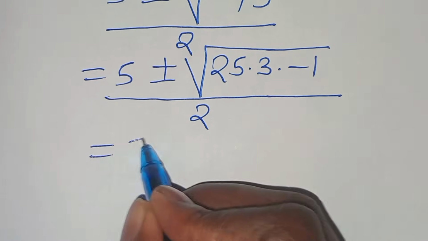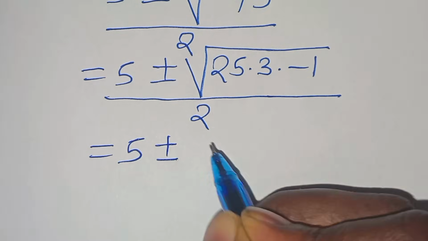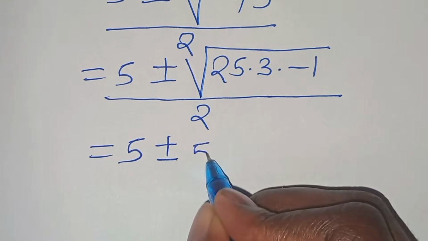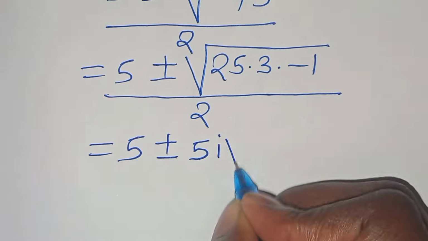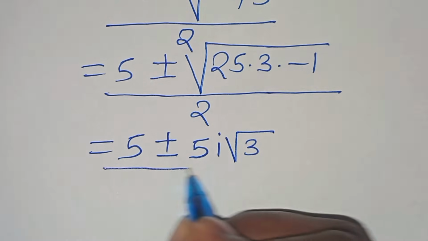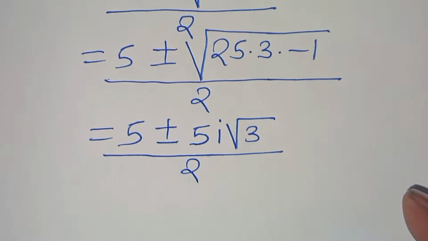So here we have 5 plus or minus the square root of 25. This is 5. The square root of minus 1. This is i. Then square root of 3. Everything here divided by 2.